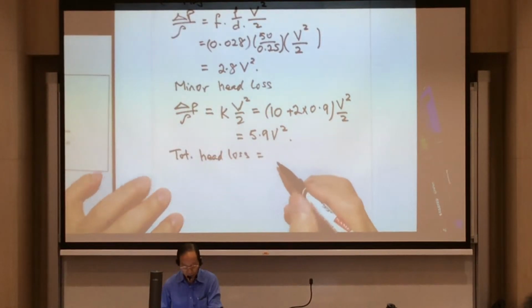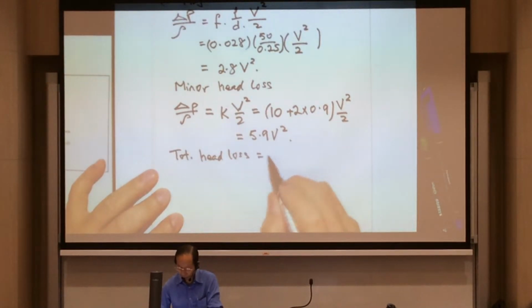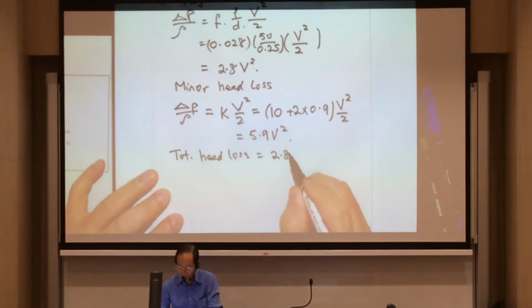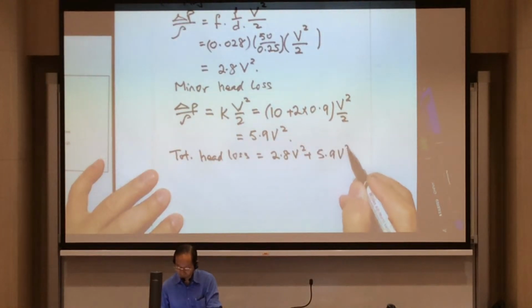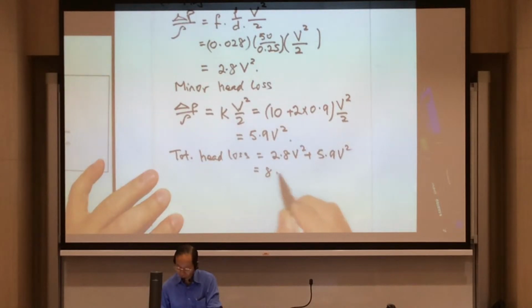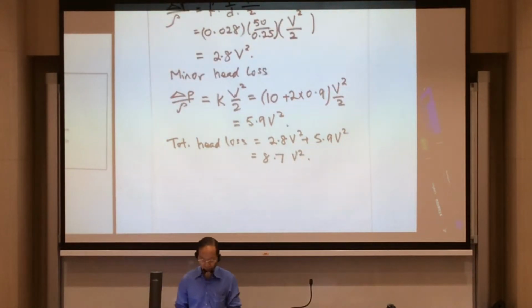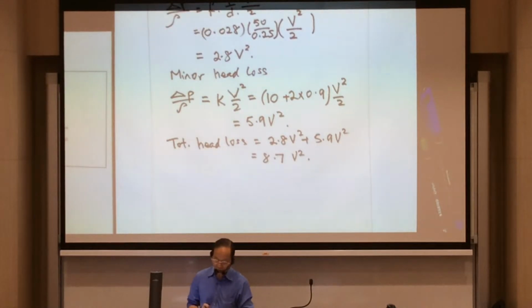Total head loss is major plus minor. So it's 2.8 V squared plus 0.9 V squared, of course. And this gives you 8.7 V squared. That's total head loss. The total head loss is overall delta P over rho.